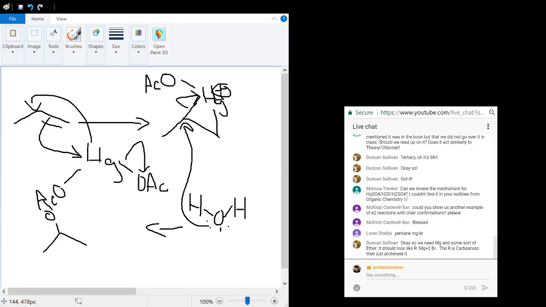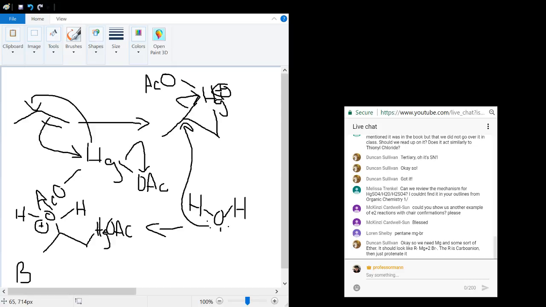that'll give you something like this. And then the mercury's still attached because that didn't go anywhere yet. Okay. So in general, that is going to be a very strong acid, and so it's not going to take a lot for a base to deprotonate that.